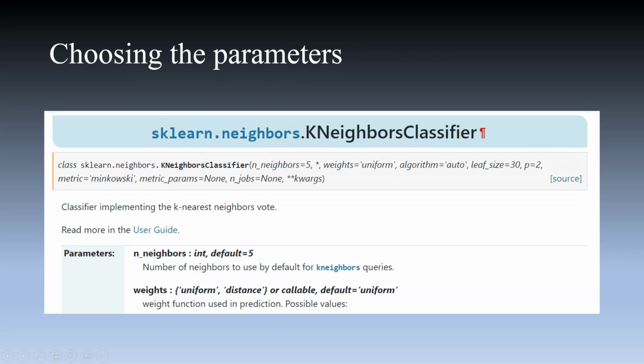Let me show you. Here you go. This is the documentation for the KNeighborsClassifier class. As you can see, there are parameters: n_neighbors, which is the most important one, and weights. There are also others, but depending on your needs, you can use them.